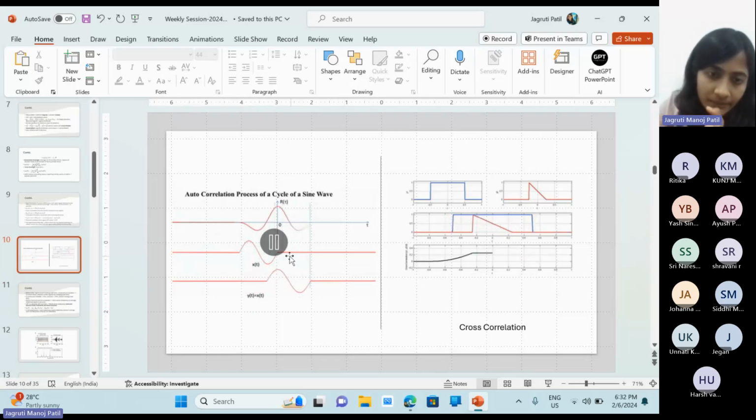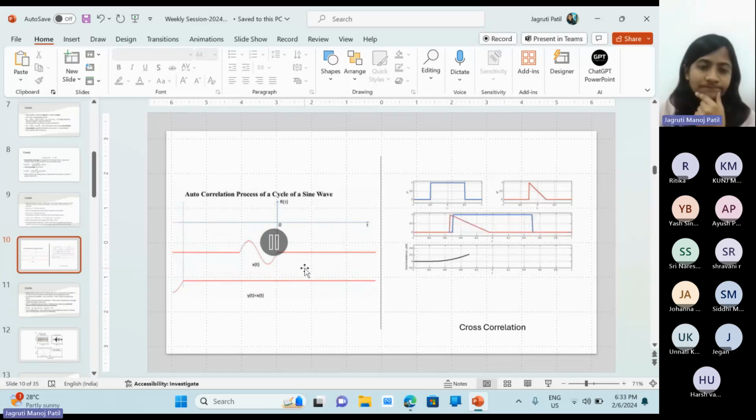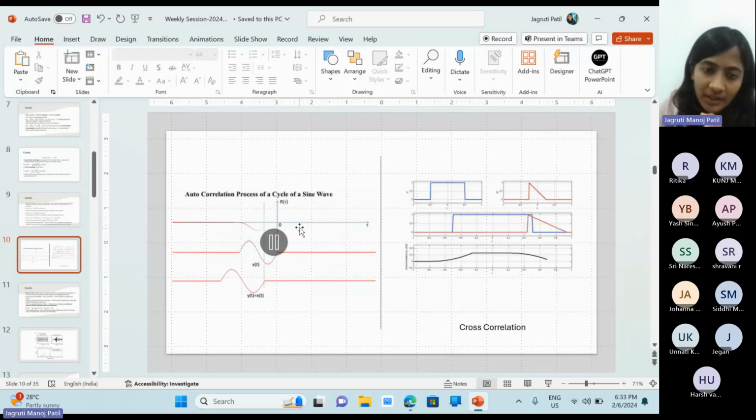If the same signal is coming at a different instant of time, we see the final output waveform being generated. Whenever both of them are exactly matching, it peaks, the amplitude is maximum. So this is how autocorrelation works: the same signal, but varying in time.